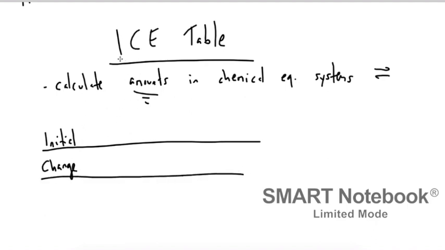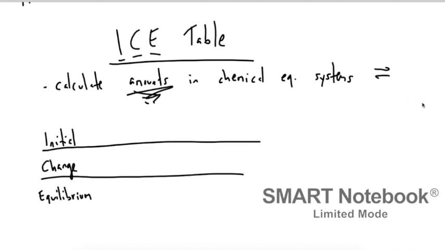And the E stands for equilibrium, which is where you write an expression for what you have once the system has reached equilibrium. From this problem-solving strategy, you will be able to solve lots of different things. The only way for me to teach this to you is to do several examples. That's all we're doing today, examples with ICE tables so we can calculate amounts in these equilibrium systems.